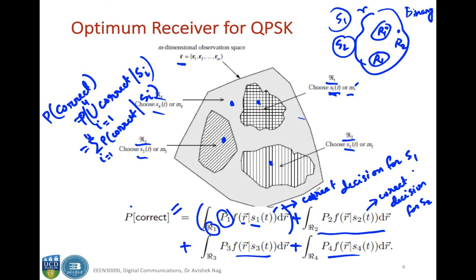These individual probabilities are these integrals: this one is the probability of correct due to S1, this one due to S2, this one due to S3, and this one due to S4. If you can calculate this, then the probability of error can be easily calculated as 1 minus the probability of being correct.